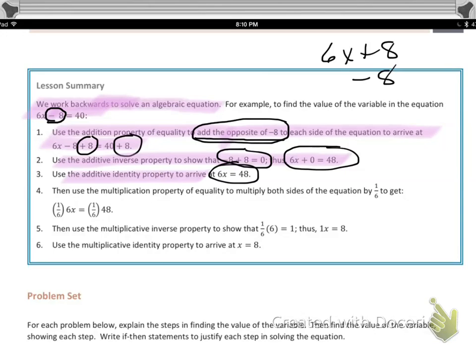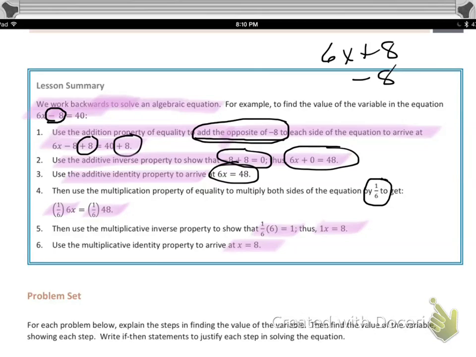Then number 4 says, use the multiplication property of equality to multiply both sides of the equation by 1/6, which is the multiplicative inverse of 6. When we do that, we go 1/6 of 6x, 1/6 of 48. We know 1/6 of 6x is 1x, and 1/6 of 48 is 8. Therefore, 1x, or x, equals 8.